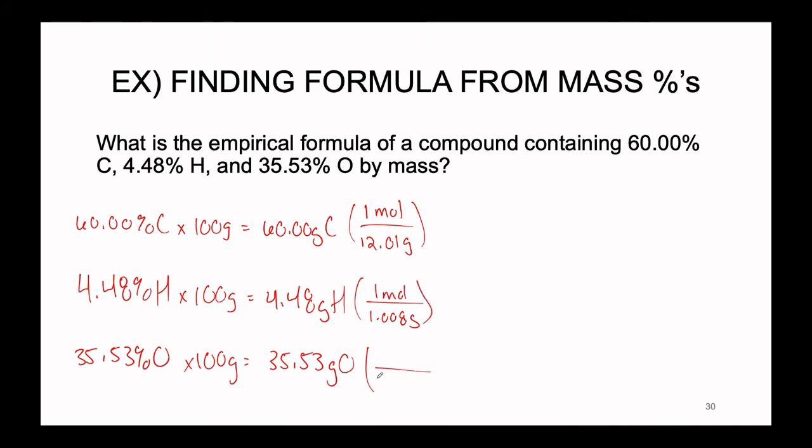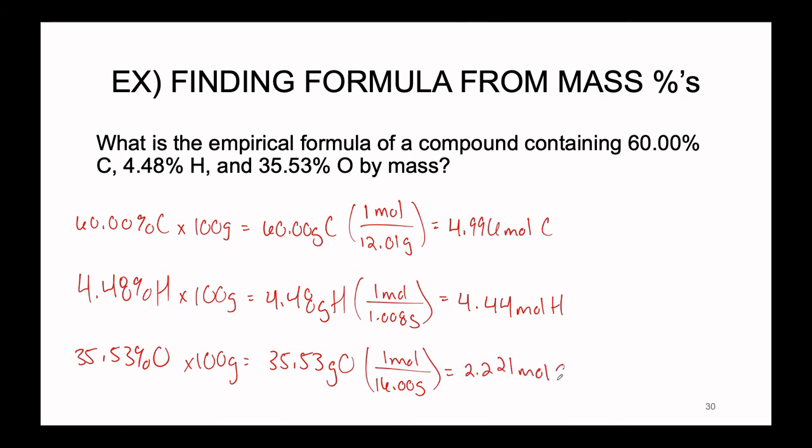And oxygen's is 16.00 grams per every 1 single mole. All right, whipping out the calculators, crunch, crunch. What we find on the other side is that we are working with 4.996 moles of carbon, 4.44 moles of hydrogen, and 2.221 moles of oxygen.